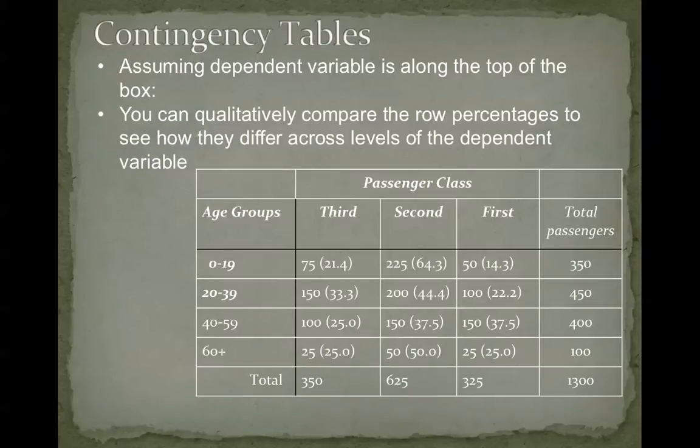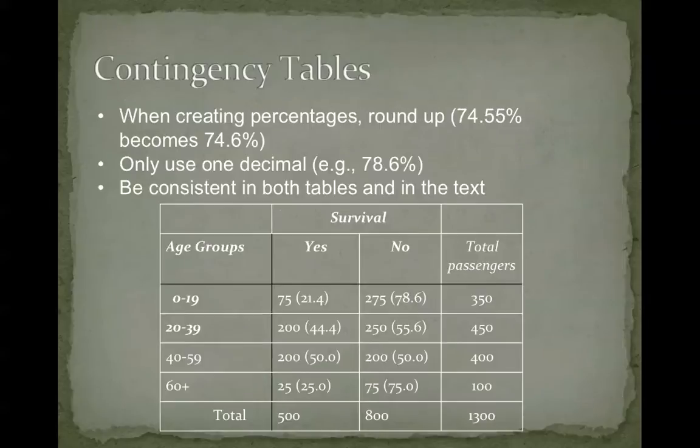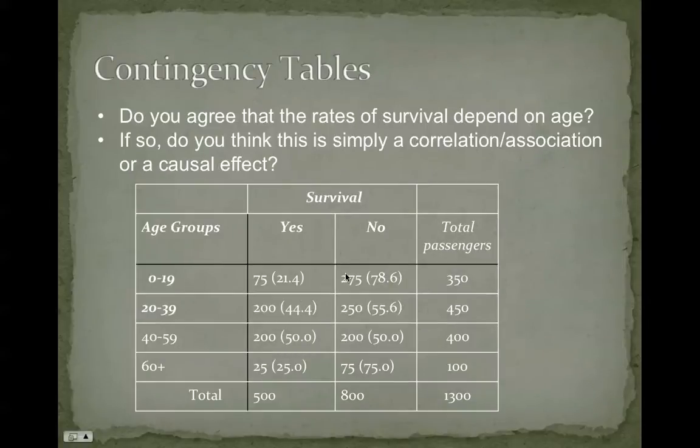So again, going back to the table that we just did before, looking at ages and survival, I asked if we thought there was a relationship between age and survival. Well, if you look at row percentages, if there's no relationship between age and survival, then these percentages should be the same all the way down.